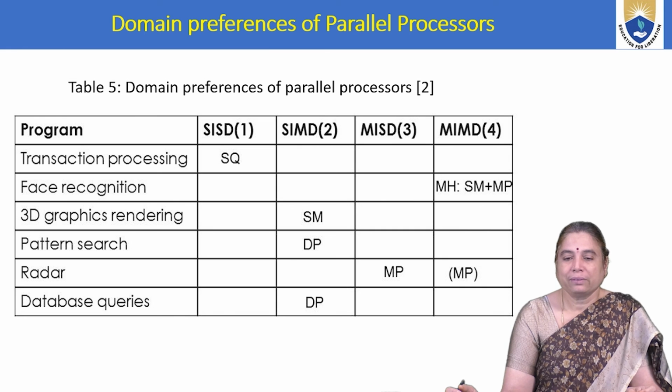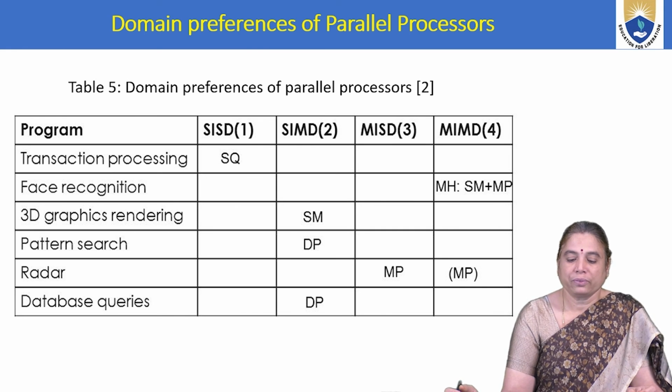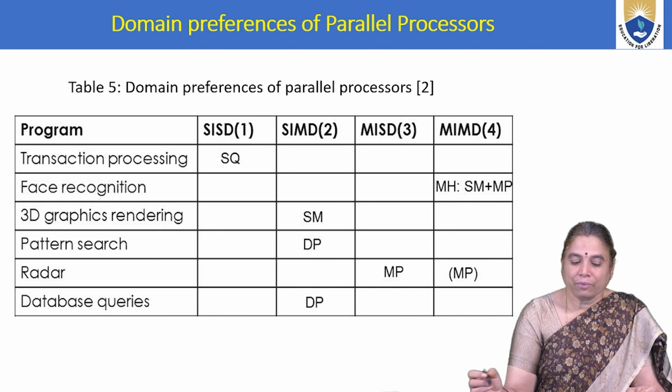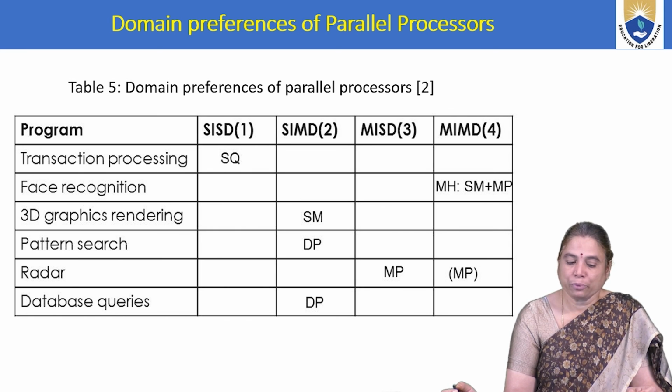Regarding domain preferences where these architectures can be used: for transaction processing systems, SISD can be used. For face recognition systems, MIMD with shared memory and message passing techniques can be used. For 3D graphics rendering, SIMD can be used.